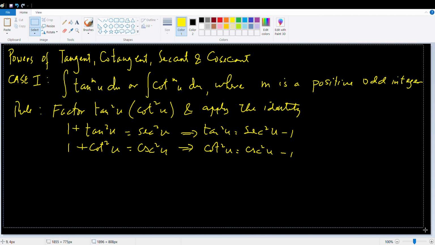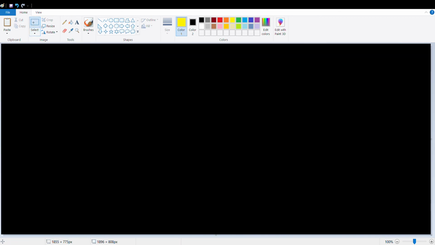So let us apply that in evaluating the integral of tangent cube 4 theta d theta. So we shall factor tangent squared from tangent cube.